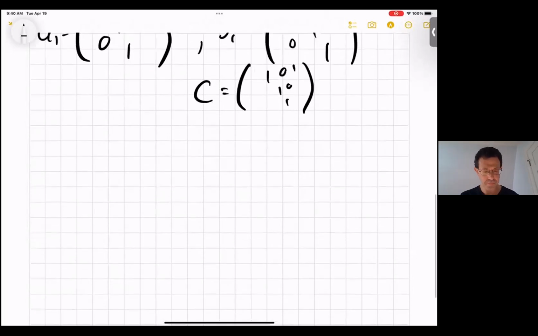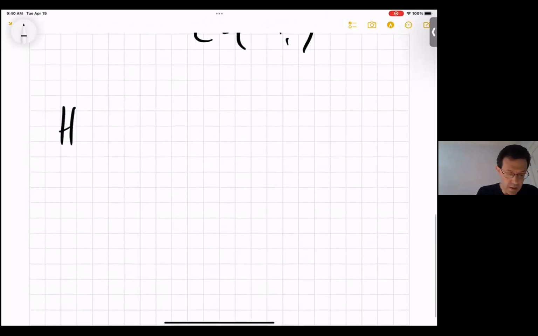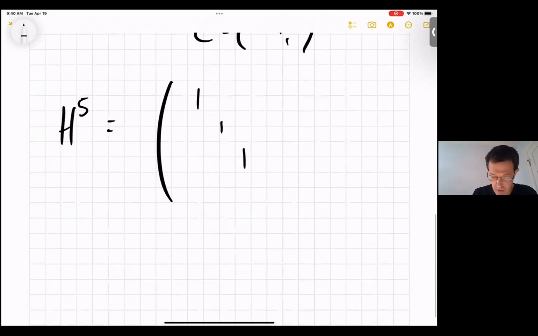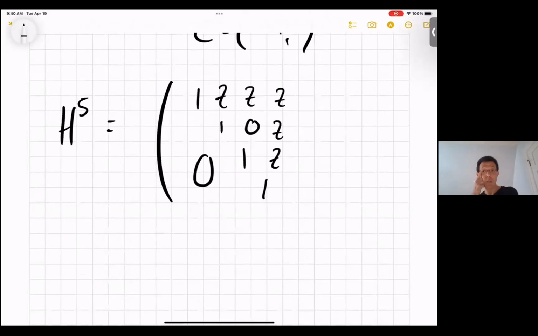And then H5 is the same thing. It's upper triangular 4 by 4 matrices with 1 on the diagonal, so 0 below, and you put integers Z in the entries above, and then 0 in this entry.